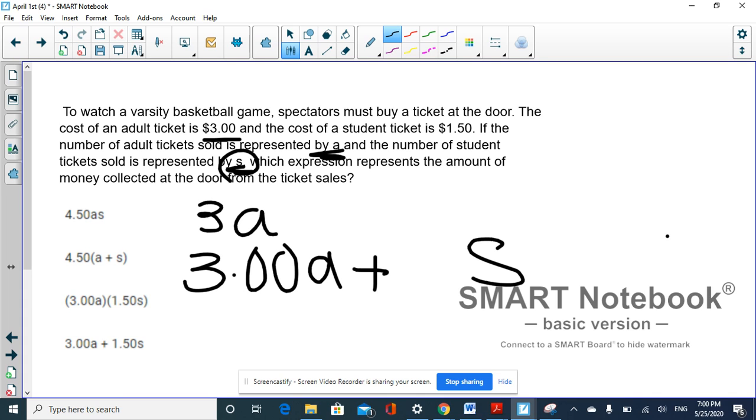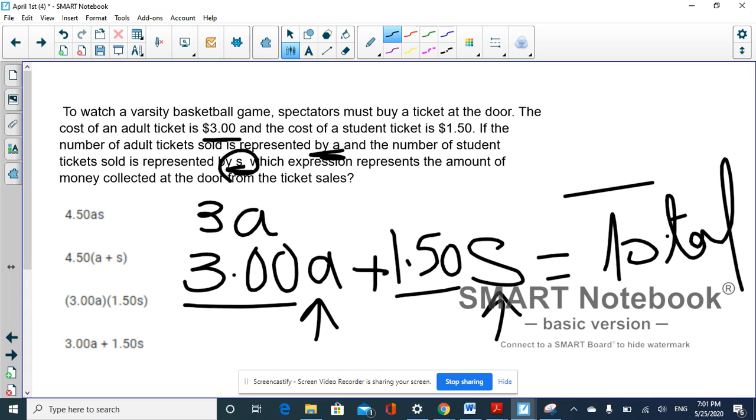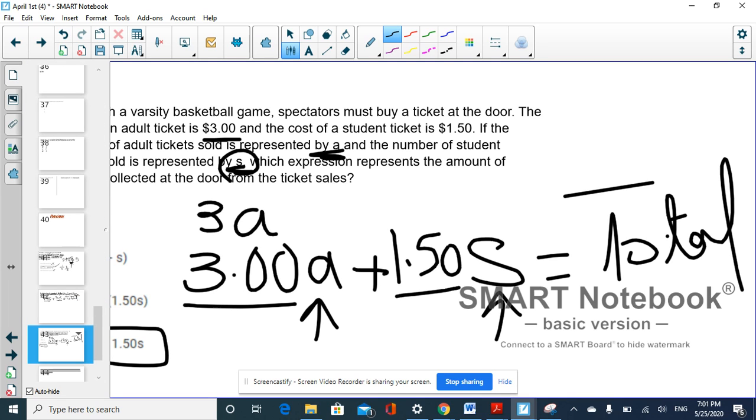S. How much each one? $1.50. So we have $3 for each adult ticket, $1.50 for each student ticket. This is the total amount of money. And which one is the correct answer here? It's the last one.